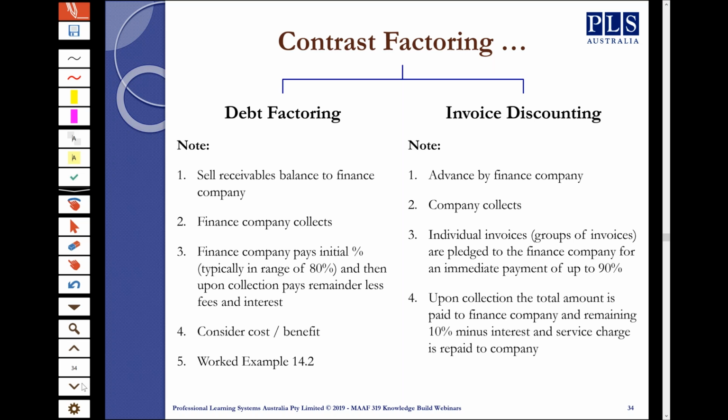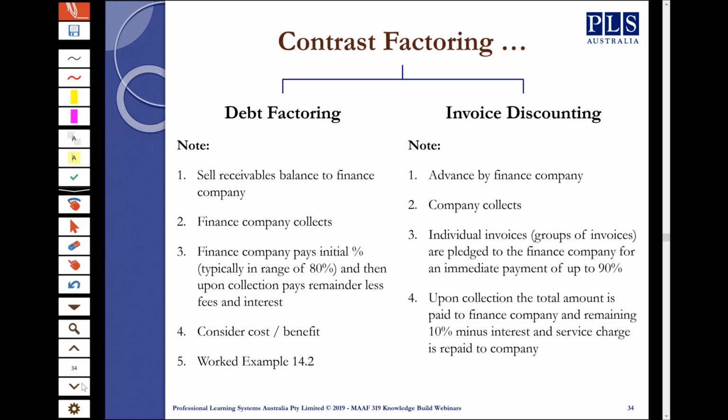You would, in that instance, consider your cost benefit. You would apply the logic of your worked example 14.2. Invoice discounting, on the other hand. Now, please note, invoice discounting isn't doing an early settlement discount. Basically, it's an advance by a finance company.